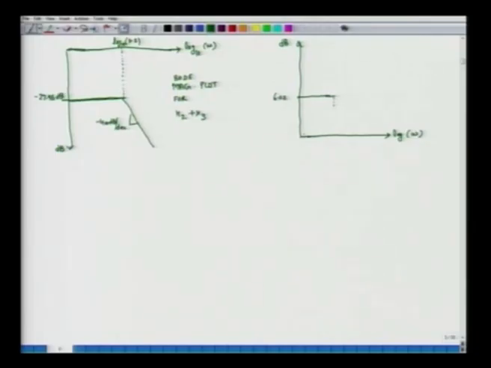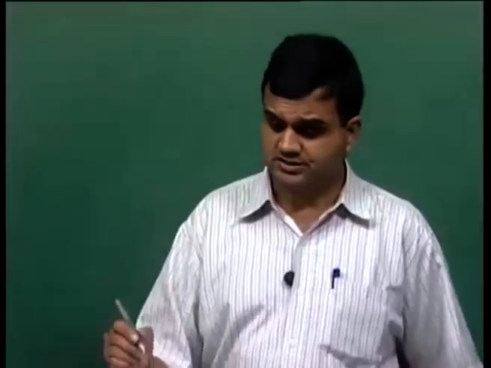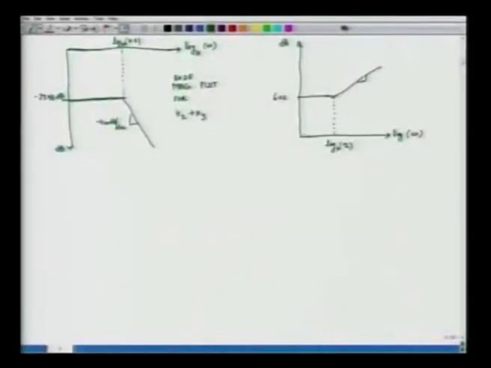The crossover point was omega equals 2, and after the crossover point the high frequency response starts dominating, represented by a straight positively sloped line, the slope being plus 20 decibels per decade.